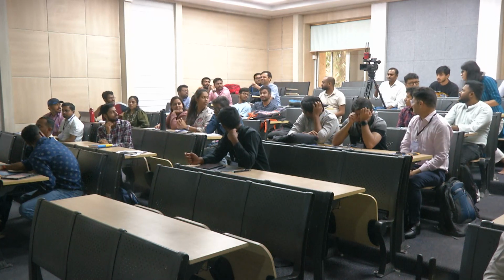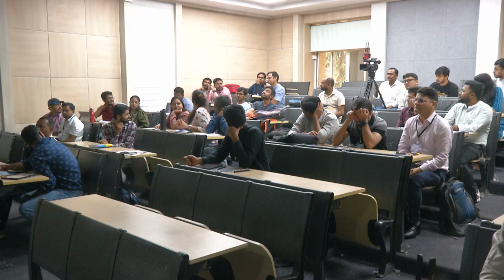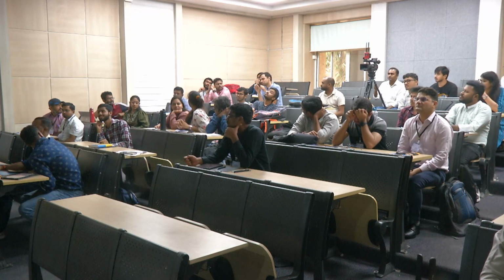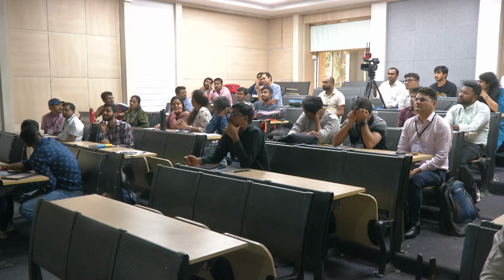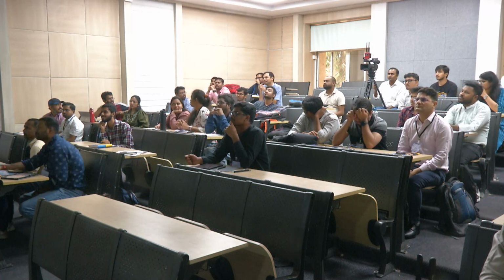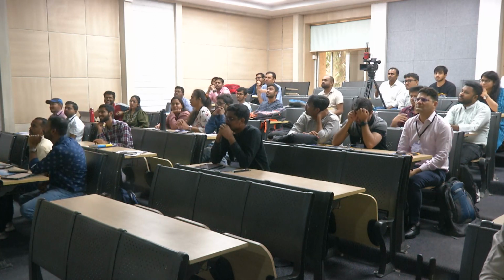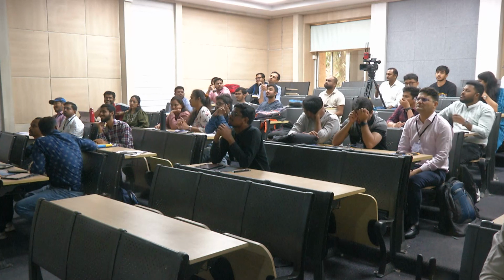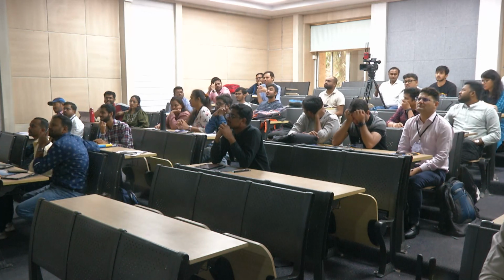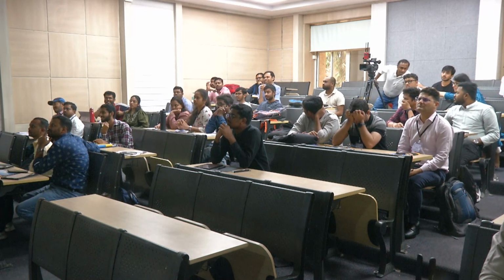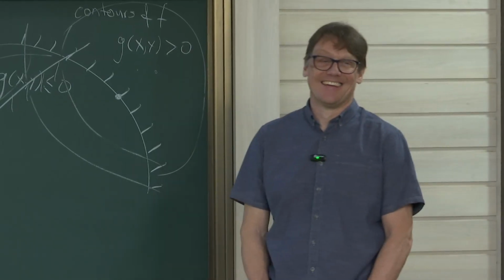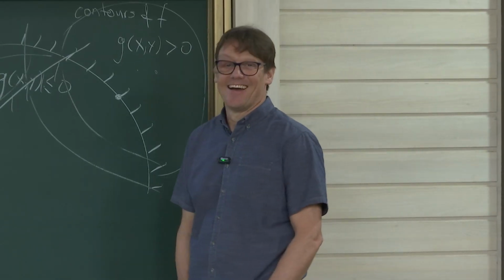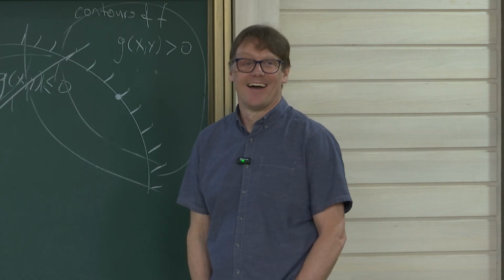No. So that LLL is sort of an oblique reference to Lenstra and Lovász's algorithm for solving MILPs in polynomial time when the dimension is fixed. Oh, okay. I did not know that. So that's a very famous result in integer programming.